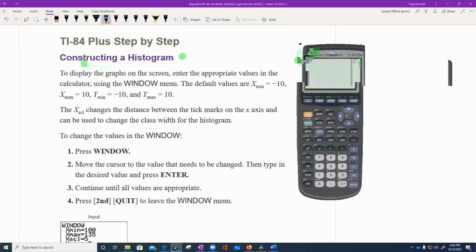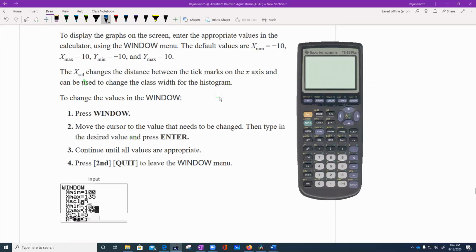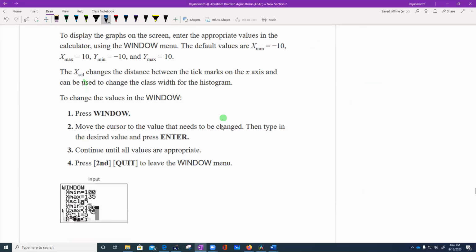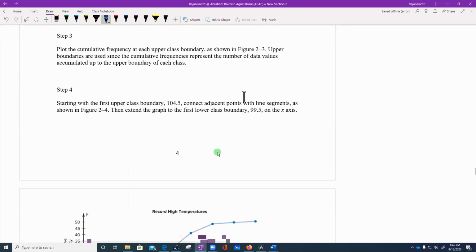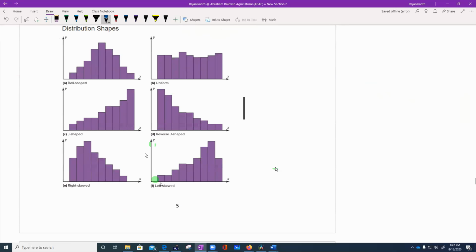The default window value is -10 to 10 for both x and y axis. But that depends on the problems, right? So if you want more space, you need to change the dimensions for your calculator. Okay. So now remember, we need to draw the histogram like this. Your x values are always your data values, and your y values is frequency, right?